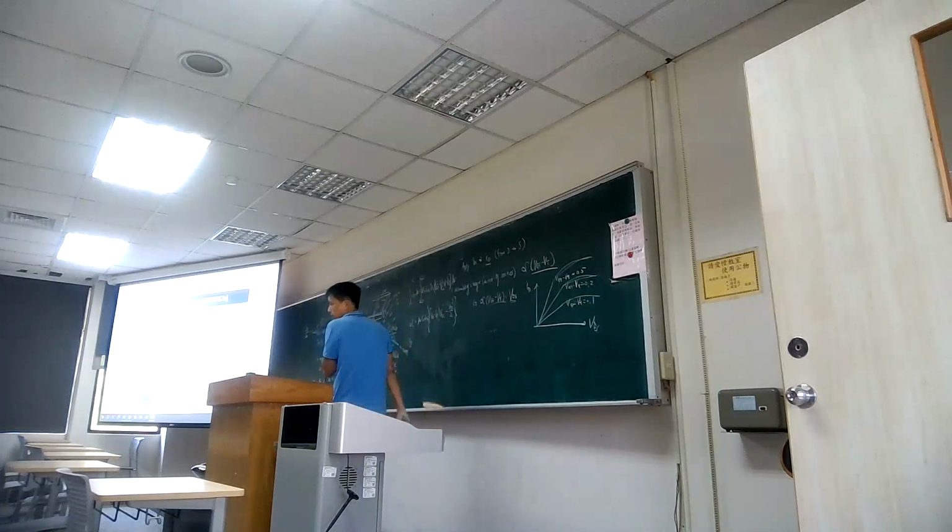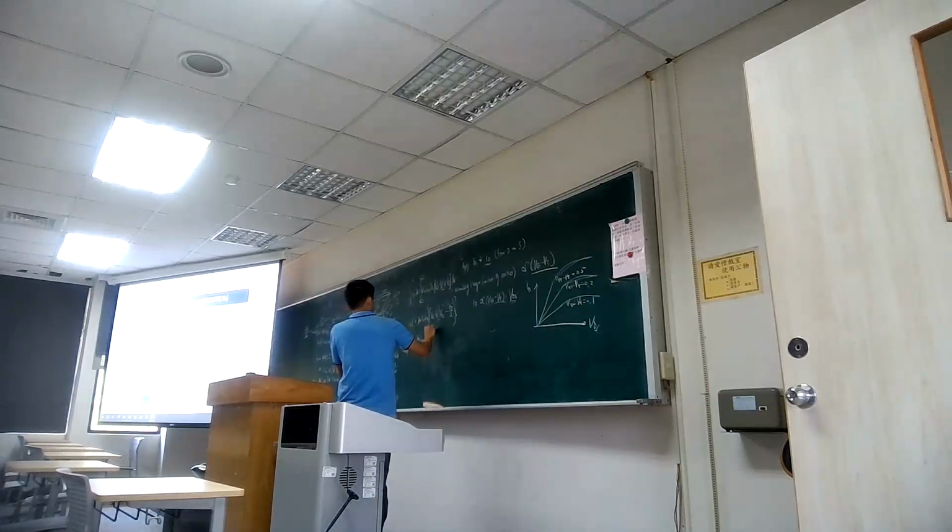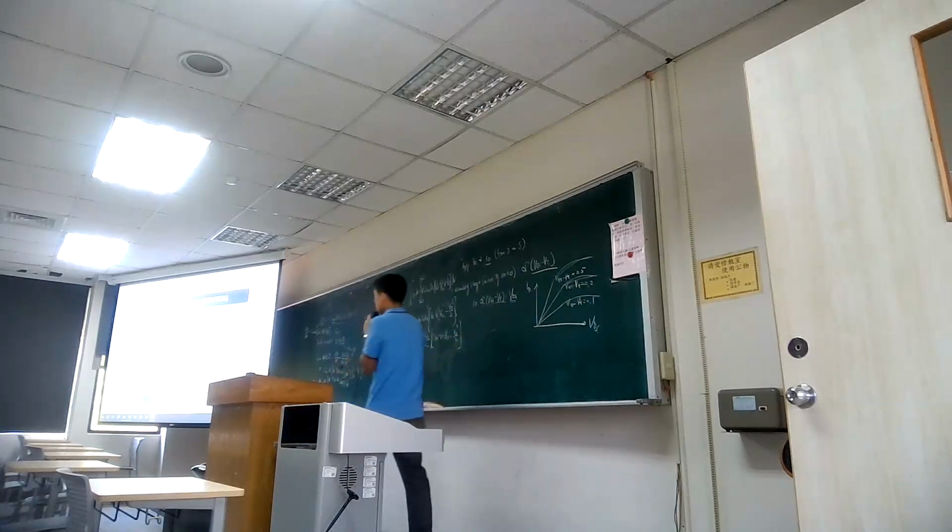And what we get is eventually we want to tell how much ID. Okay, so you get the L to the other side: μn Cox, W over L, times VGS minus VT, VDS minus VDS squared over 2.